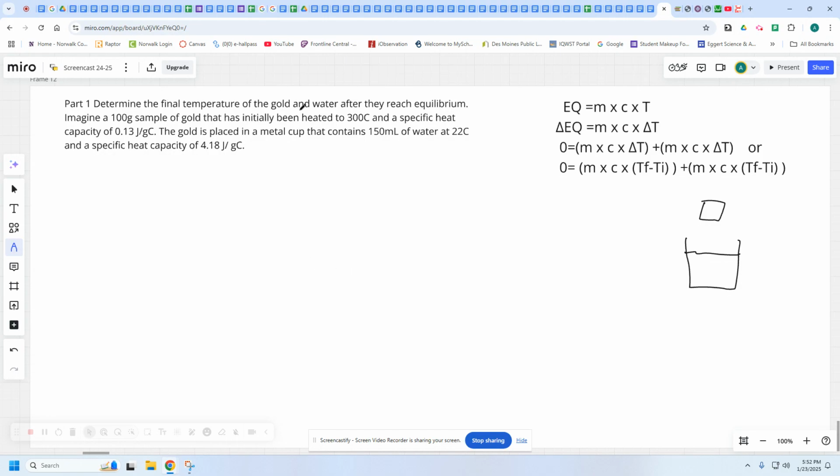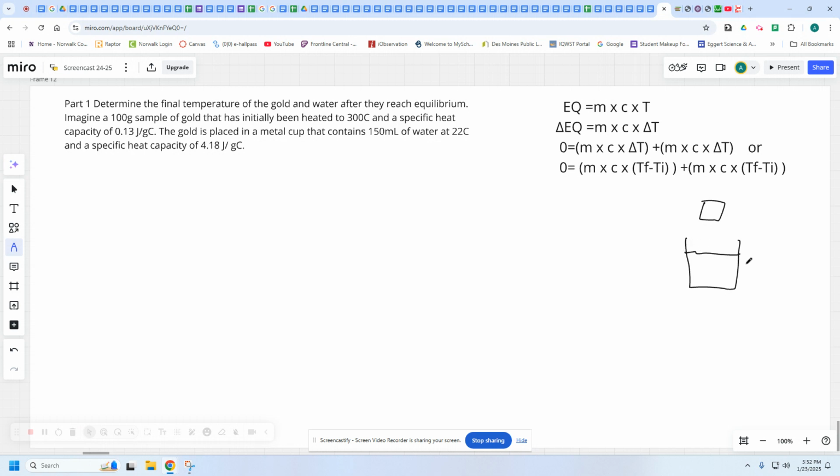So if you continue reading, it says imagine a 100-gram sample of gold that has initially been heated to 300 degrees Celsius. And again, we've given you the specific heat of gold at 0.13 joules for every gram Celsius. The gold is placed in a metal cup that contains 150 milliliters of water.